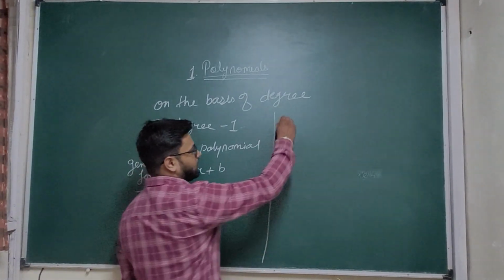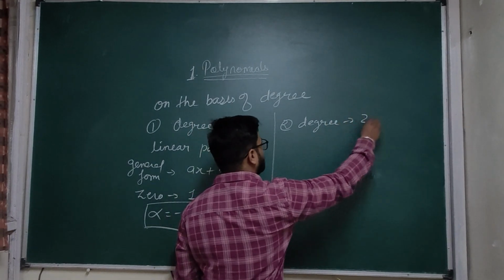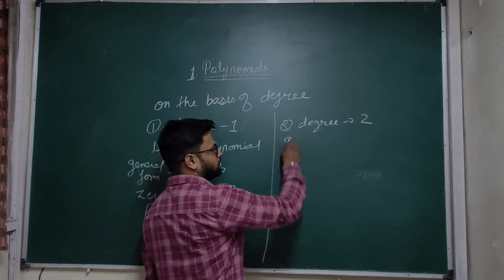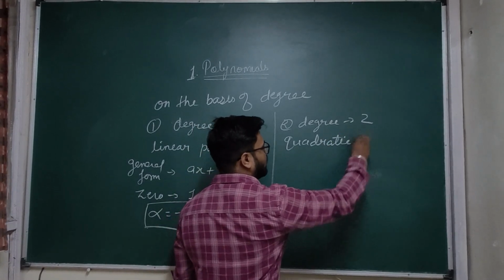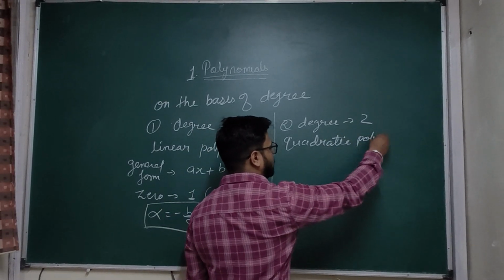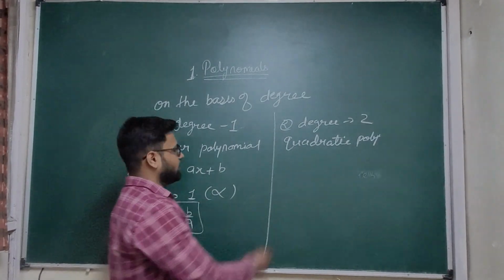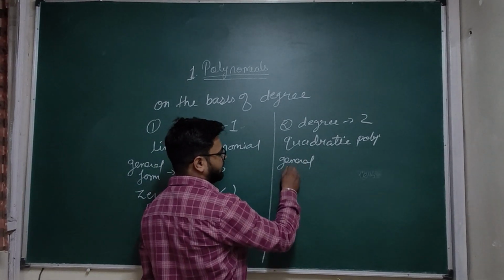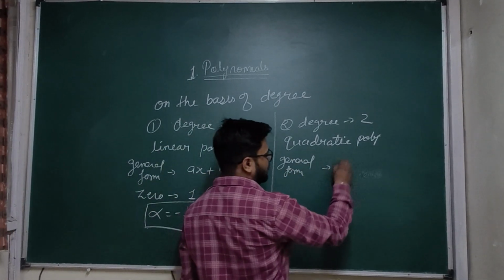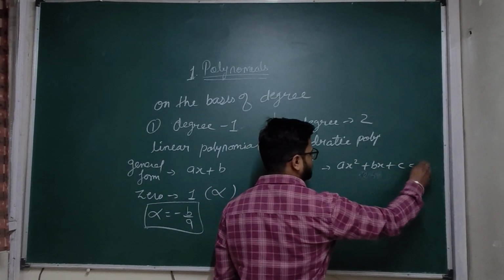Now second, an expression having degree 2 is known as a quadratic polynomial. The general form of that polynomial is ax square plus bx plus c is equal to 0.